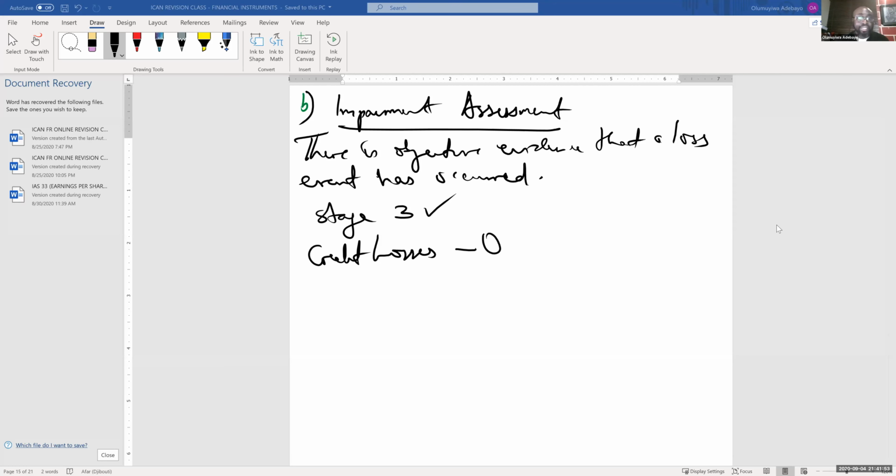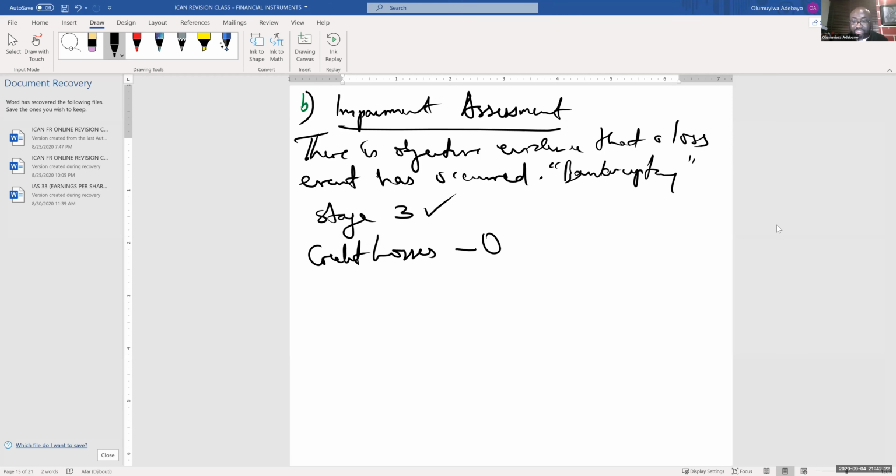Okay. As I said earlier, B requires us to carry out impairment assessment, and so we need to establish which stage it is. And we said it's stage 3 because there's objective evidence that a loss event has occurred because of the bankruptcy. Now, what then do we do?